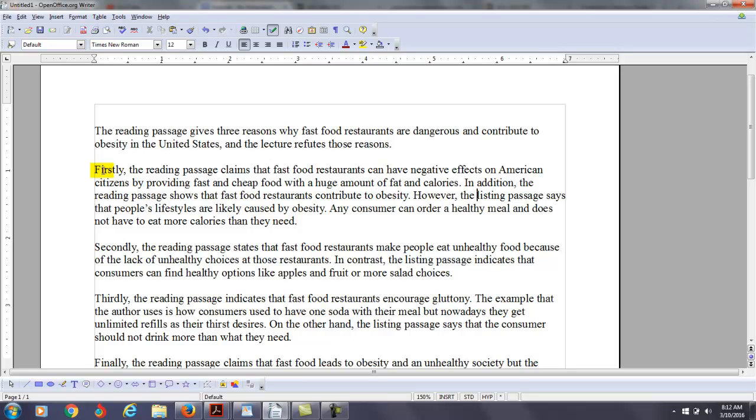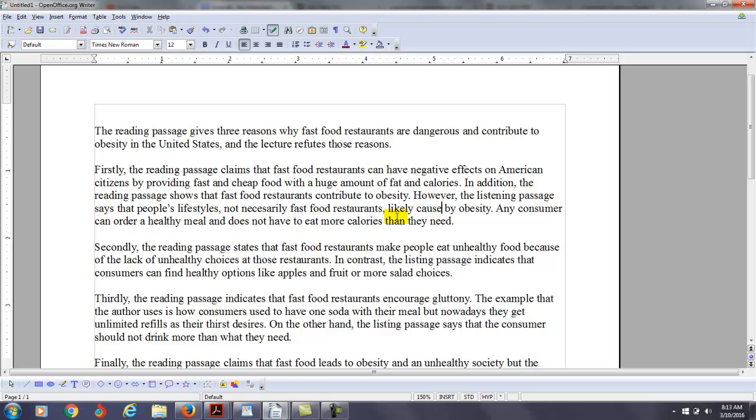Say, however, the listening passage, and that's great, the listening passage says that people's lifestyles are likely caused by lifestyles, and then you might see here, not. So you might say the listening passage says that people's lifestyles, not necessarily fast food restaurants, I'm going to use here likely cause.